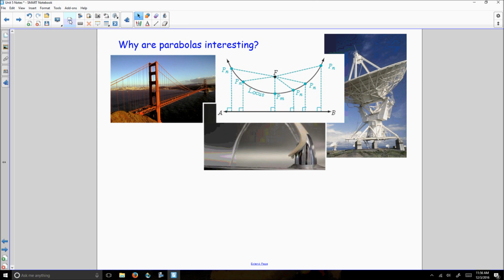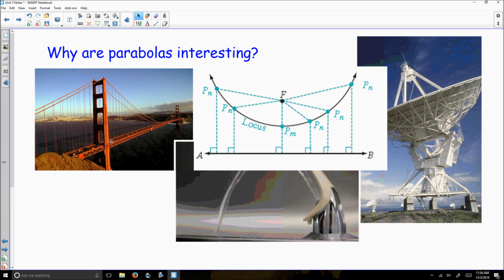In considering the suspension bridge, why this is useful is that the weight being suspended by one of these cables is balanced with its corresponding cable on the other side, because the weight of this cable being pulled down gets pulled from the focus, and it gets balanced by the weight being pulled down on the opposing side by its focus.